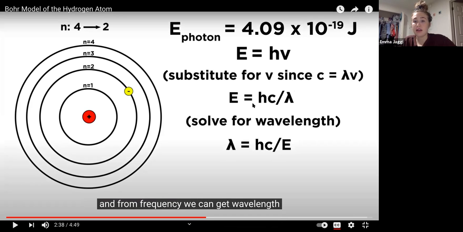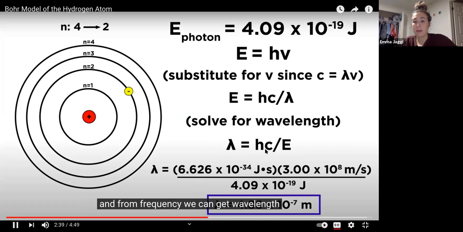And then he has E equals hc divided by wavelength. And then you solve for the wavelength. I can't remember the exact names of h and c, but c is a constant. And then this is his equation as he's solving for wavelength, and he gets the wavelength of 4 times 10 to the negative 7th meters.